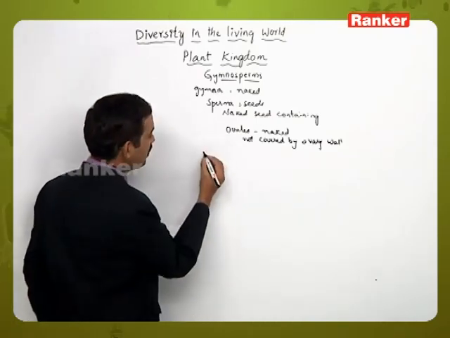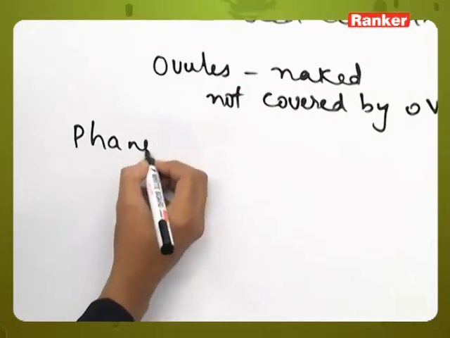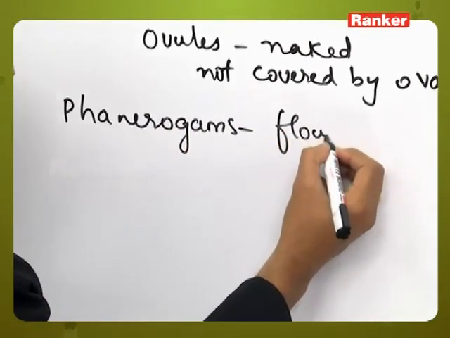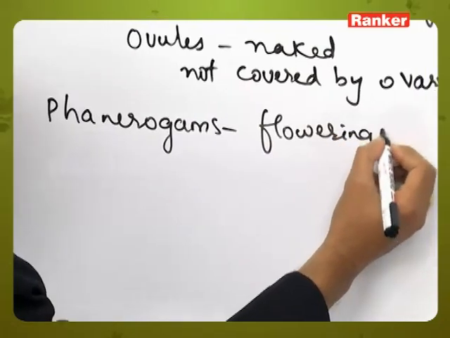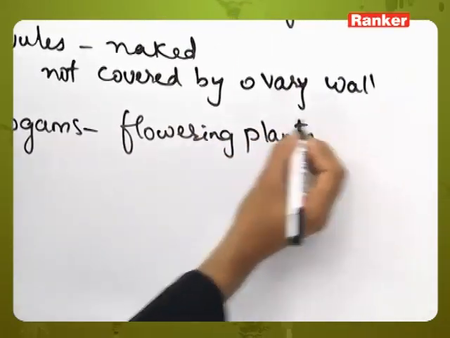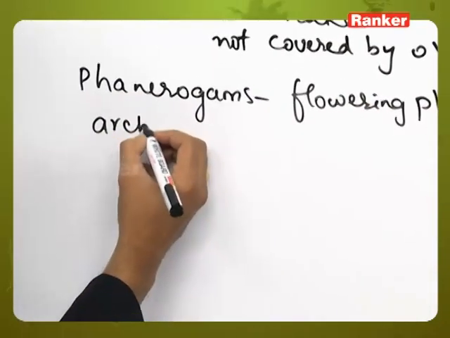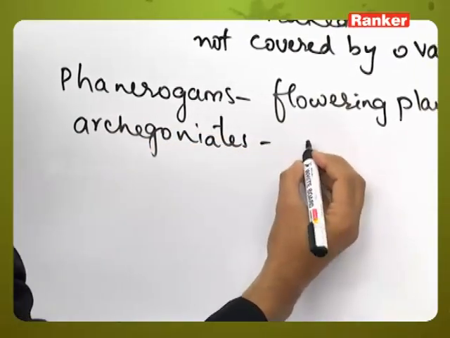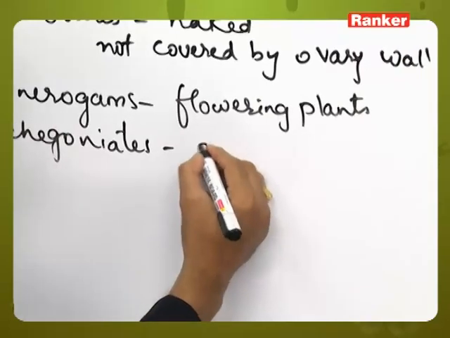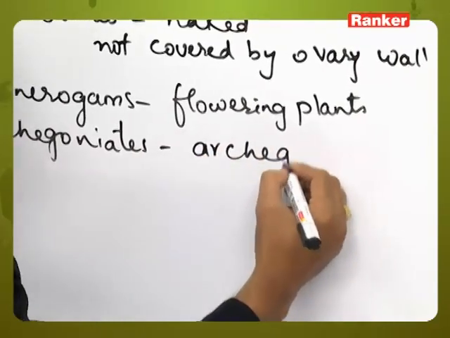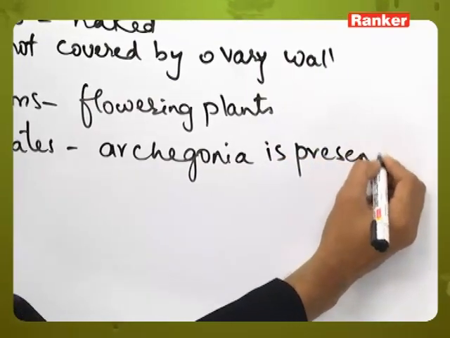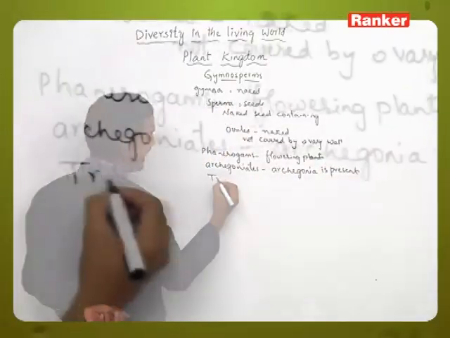And gymnosperms are a group of phanerogams. Phanerogams means flowering plants, and these are an archegoniate group of plants. Archegoniates have the female sex organ called archegonia, and these are tracheophytes.